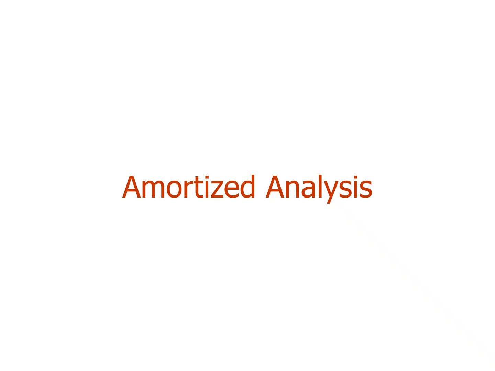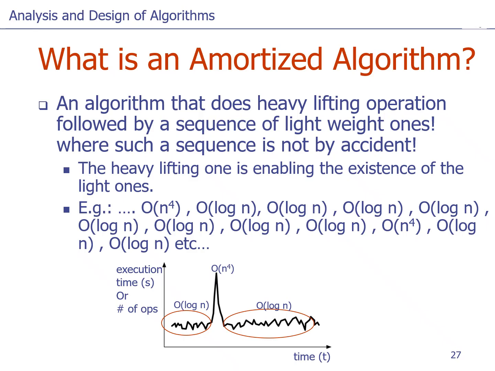So amortized analysis is done on an algorithm that uses amortization. And the question is, what is amortization? An amortized algorithm is a special kind of algorithm that behaves in 2 or more asymptotic orders. And I'm not referring here to best case versus worst case versus average case.